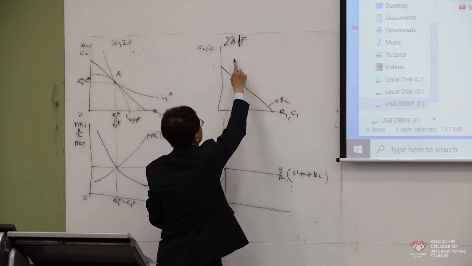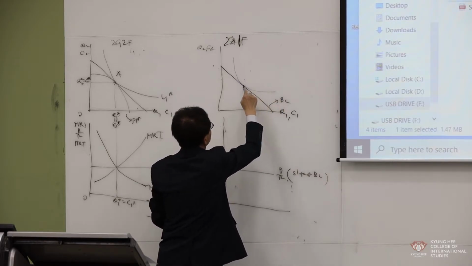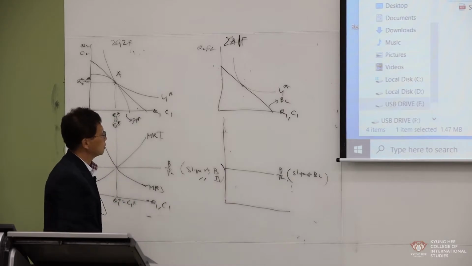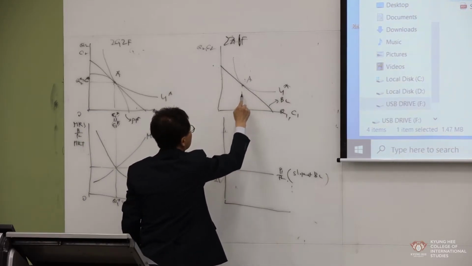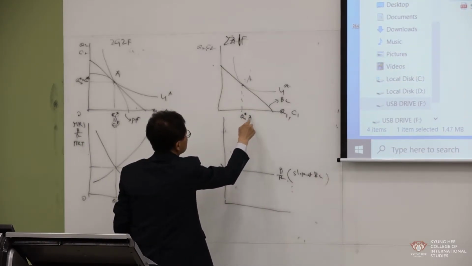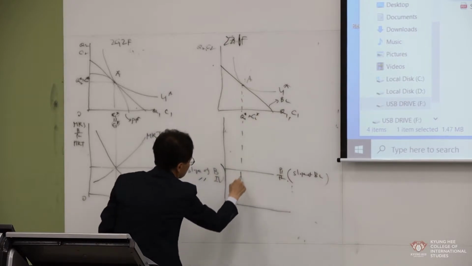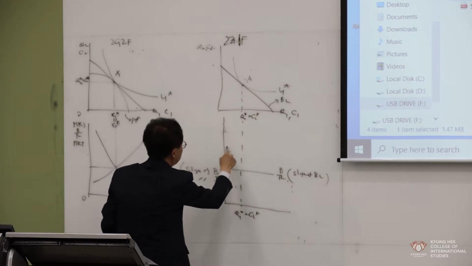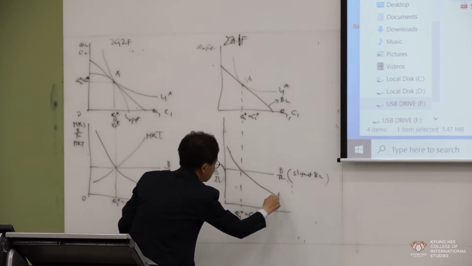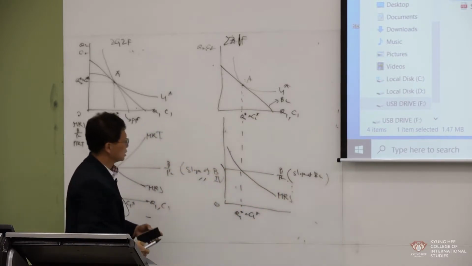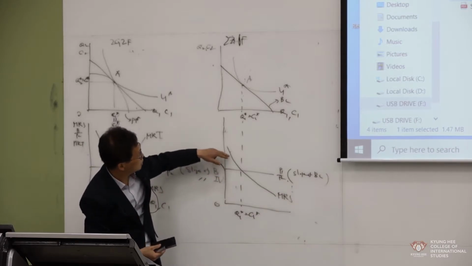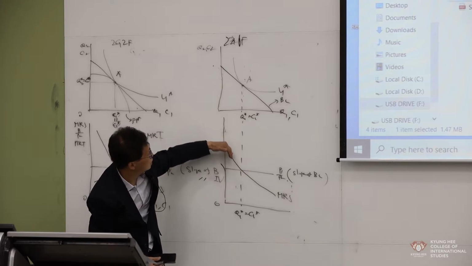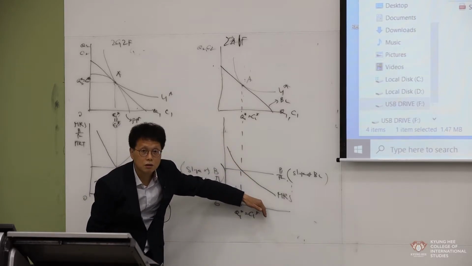And utility is maximized at this point. The utility function is like this, right? So at this point A, Q1 star is equal to C1 star. The MRS is like this, right? The utility maximization condition is that the slope of the budget constraint is equal to the slope of the indifference curve, right?